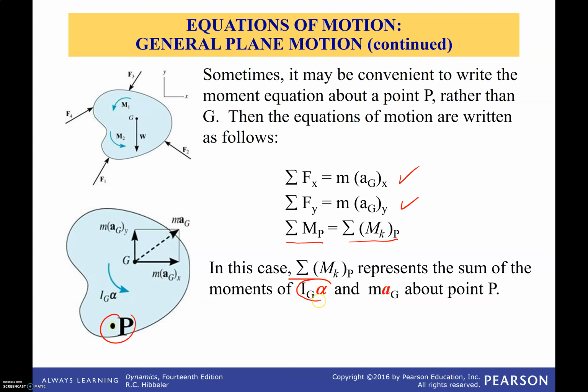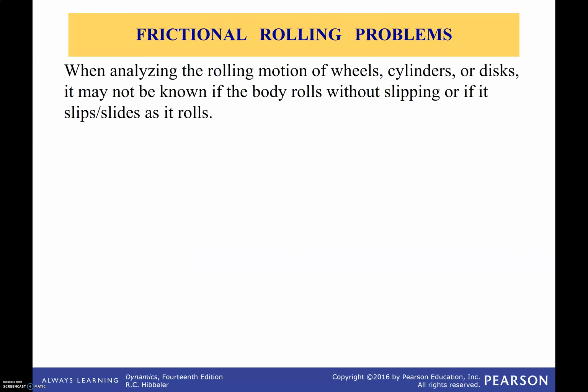Remember, these are Ig alpha, and then this guy here, which is the mass times the acceleration of the center of mass. And remember, these have to be multiplied by the distance from the center of mass to P, this distance here, right? So that's all we actually need to do.